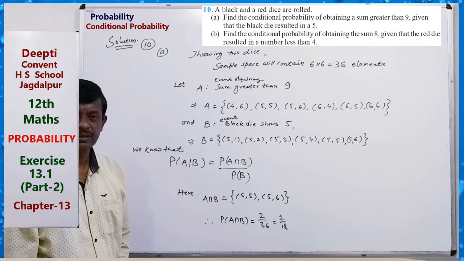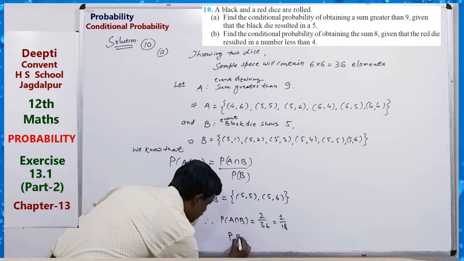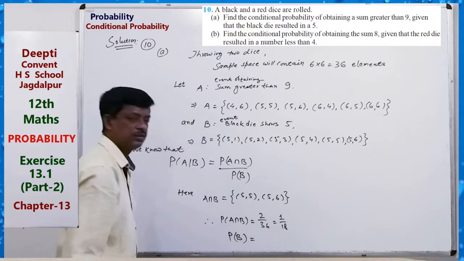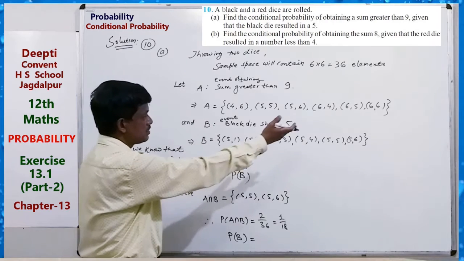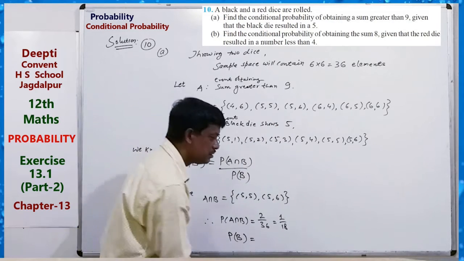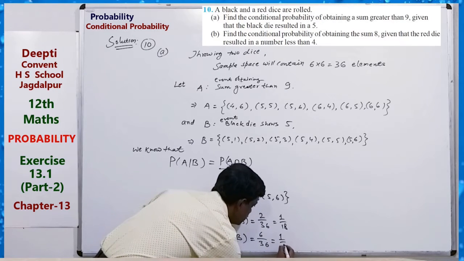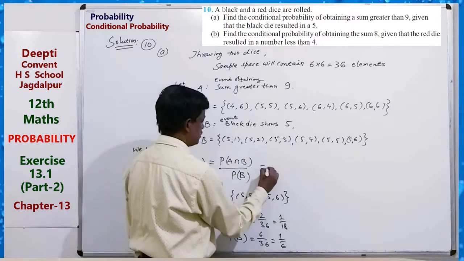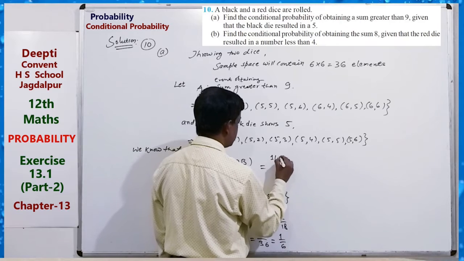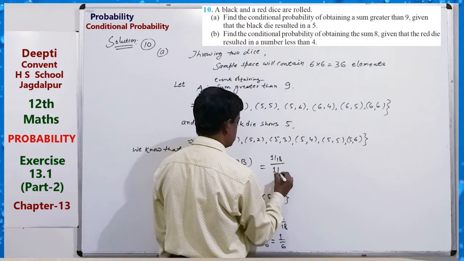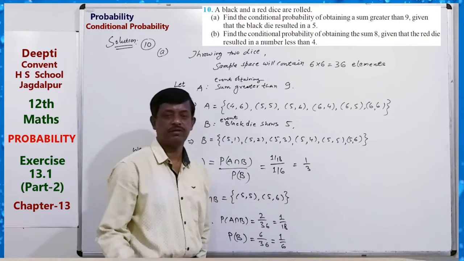Clear? And P(B) is 6 by 36, equals 1 by 6. So put the values here: 1 by 18 upon 1 by 6 is 1 by 3. 1 by 3 is the answer.